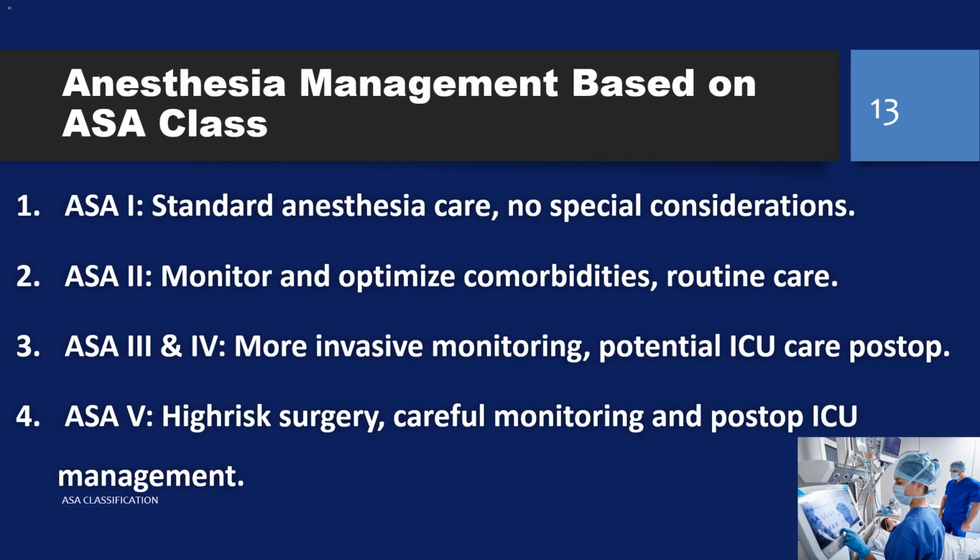ASA 3 and IV. Invasive monitoring: patients with severe systemic disease require more invasive monitoring to ensure their safety during surgery. Potential ICU care post-op: these patients may require intensive care unit (ICU) care after surgery to manage their condition. ASA V. High-risk surgery: patients who are critically ill and require surgery as a last resort are at high risk for complications.